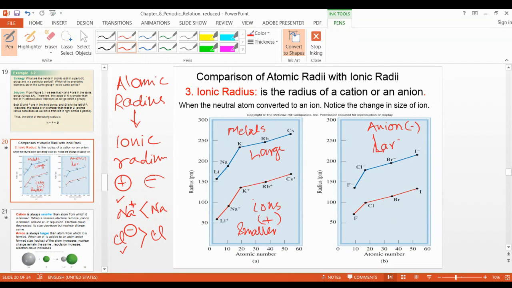This is large; this is the pure non-metal, and these are small. So now this comparison of cation and anion, that is ionic radius, is clear. The ionic radius of the cation is always smaller than its pure atom. The ionic radius of the anion is always larger than its pure atom. If you compare cation and anion, the cation size is always less than the anion.